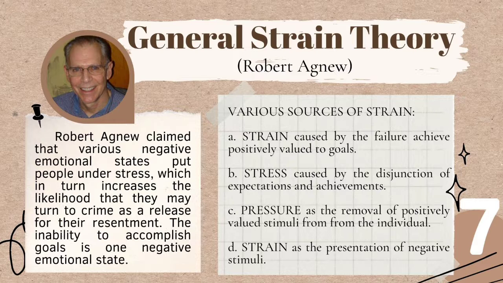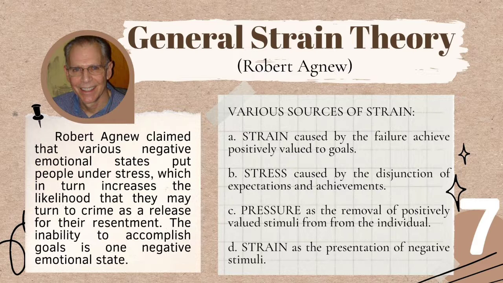According to Robert Agnew's general strain theory, strain is based on three different factors. The first one is the failure to achieve a goal. The second one is the existence of harmful impulses, and the third one is the removal of positive impulses.